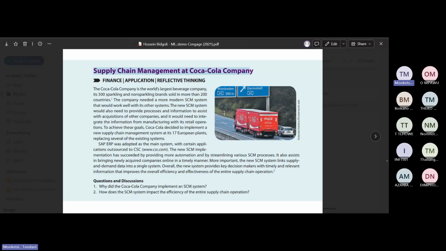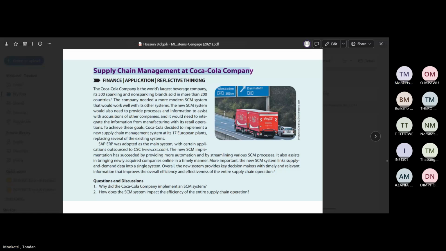To achieve these goals, Coca-Cola decided to implement a supply chain management system at its 17 European plants replacing several of the existing systems. So just from reading this, you can hear the goals of ERP systems that we talked about earlier. If you paid attention.